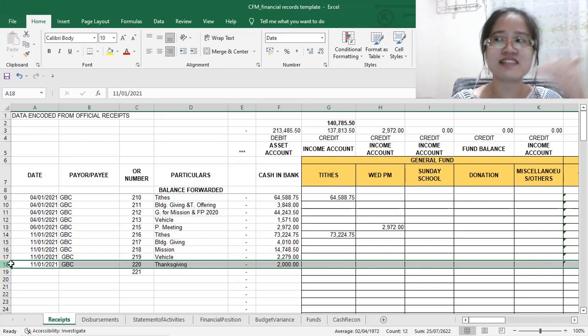So in that case, they would increase the number of samples. They would check more. If they originally planned to check 100 official receipts, upon seeing that some of them have errors, they can increase it to say, okay, now let's check 150 official receipts.